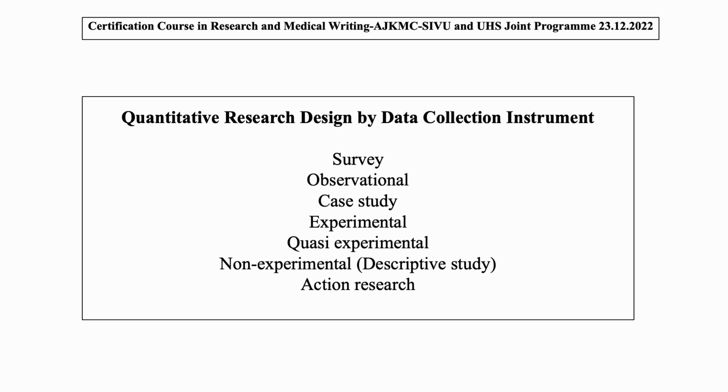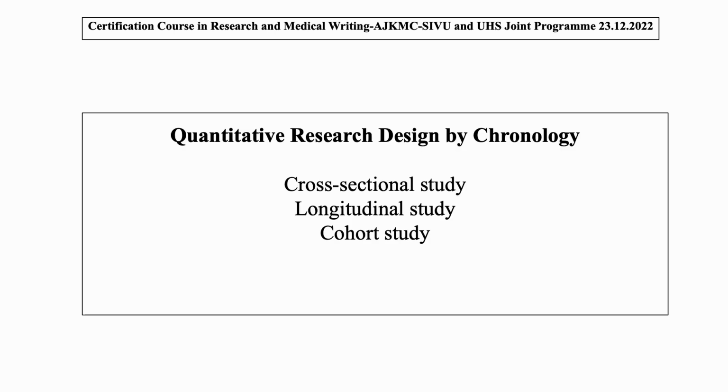Just as an overview of quantitative research, I am clearing your concepts on how the research design can be classified. Now let's see the quantitative research design by chronological order or time. Here we can have broadly three: cross-sectional studies, longitudinal studies, and cohort studies. Again, I'm sure you all are familiar with these terms.